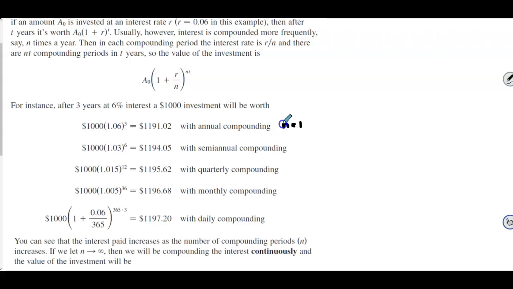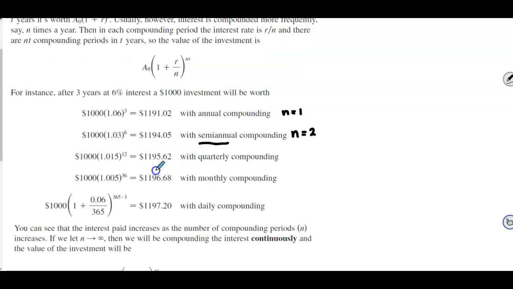Now, if we said semi-annually, then n would equal 2. So in this scenario, we would have 1,000 times 1.03 to the 6th power, which is equal to 1,194.05.